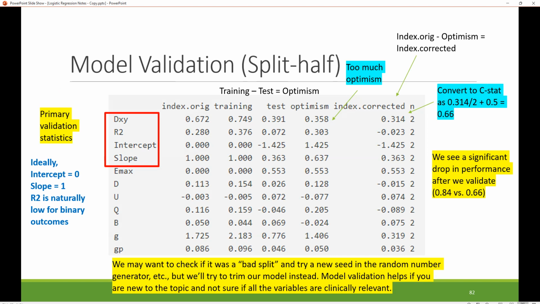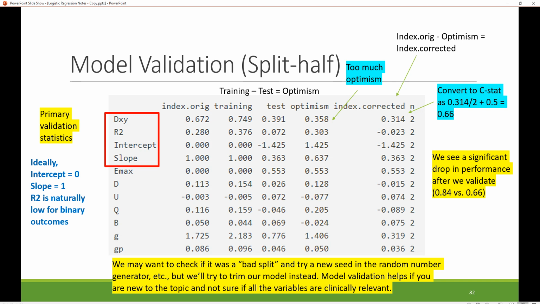And so here's a look at some model validation results. I did what's called a split half validation. That's the example I mentioned earlier, where you randomly split the data in half.